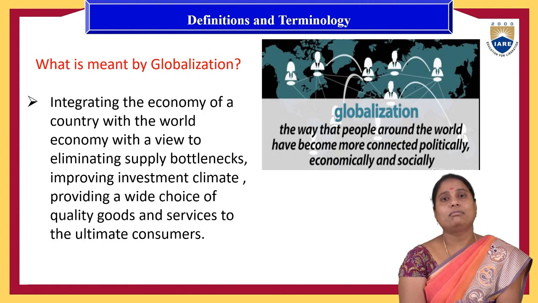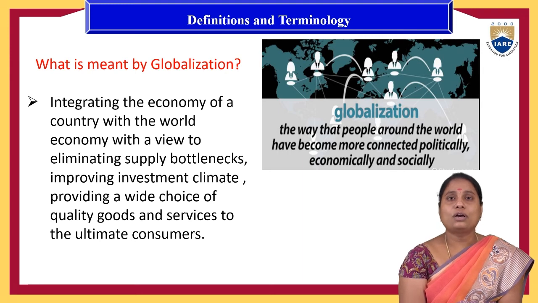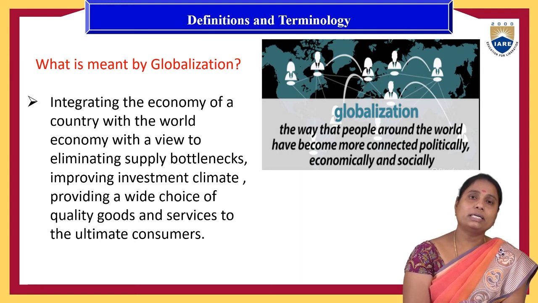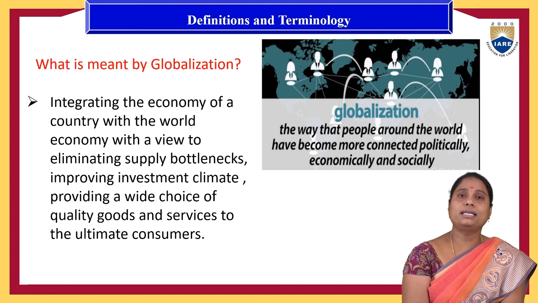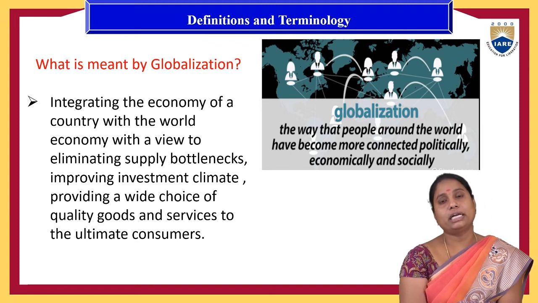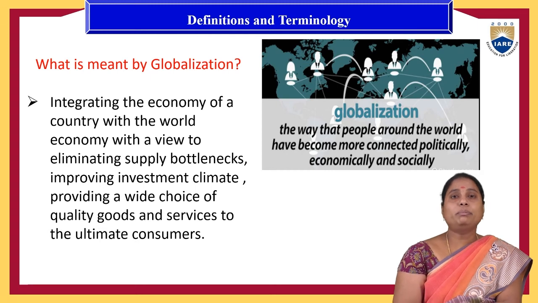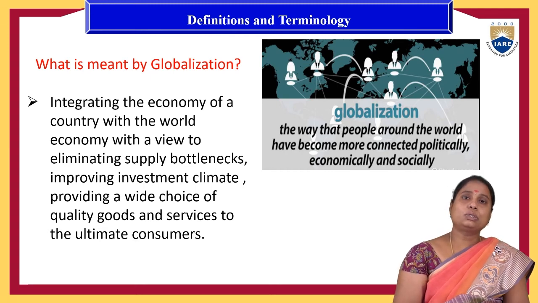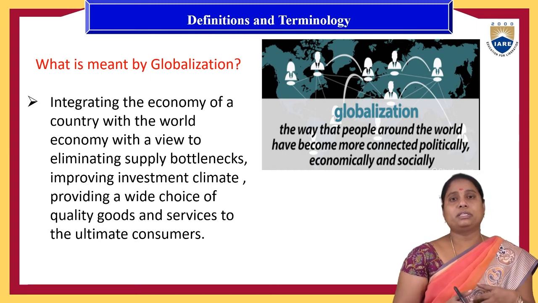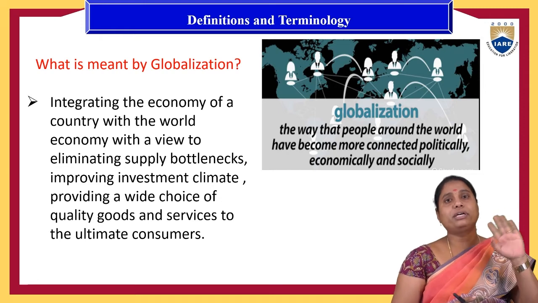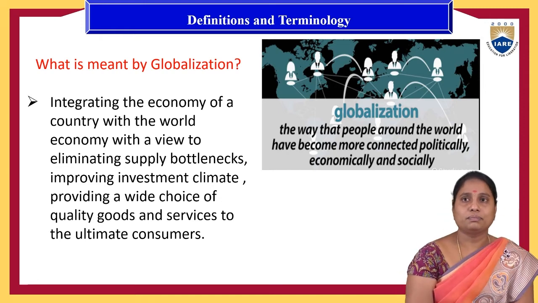Globalization means that one raw material is in one country, skilled labor is in another country, and the manufacturing place is in another country. So the products are not available in one place; they are available in different geographical areas.